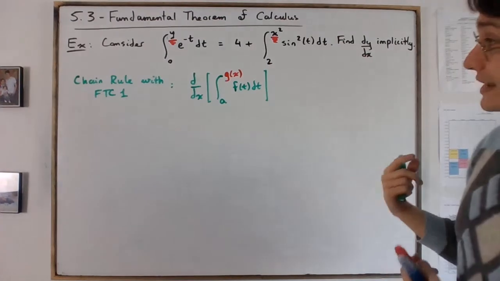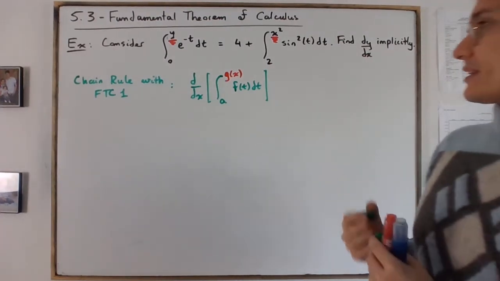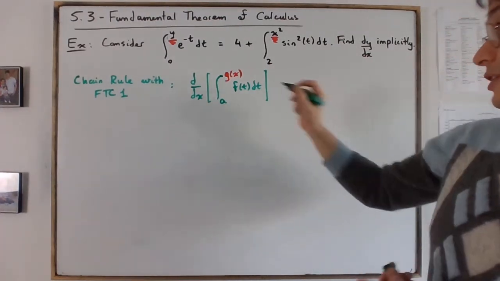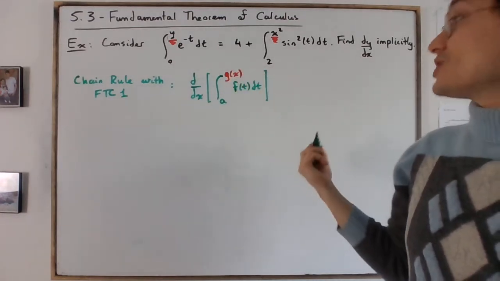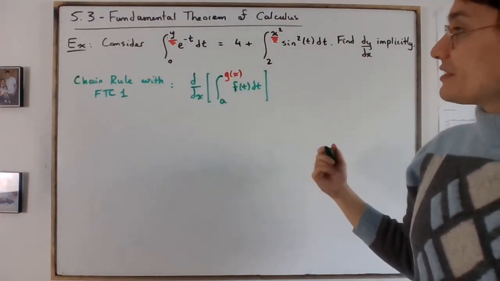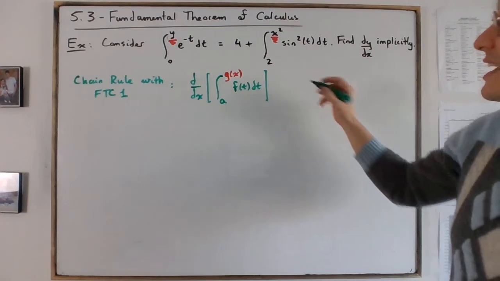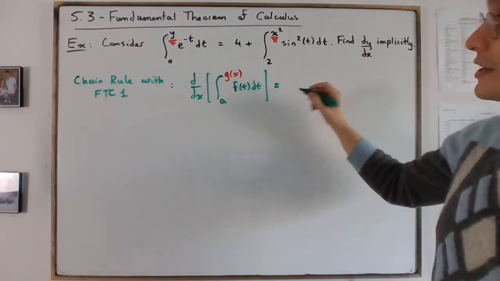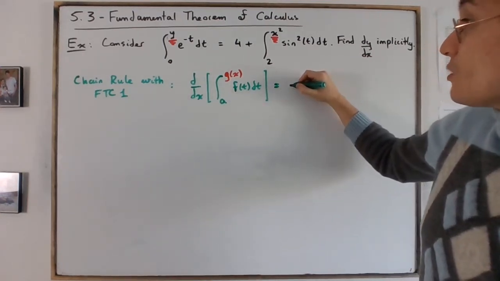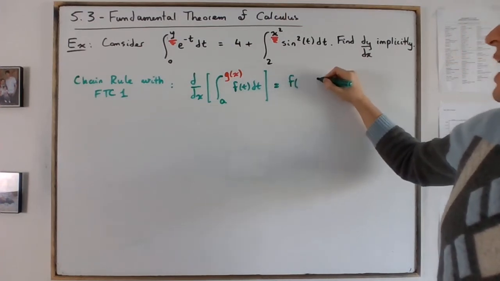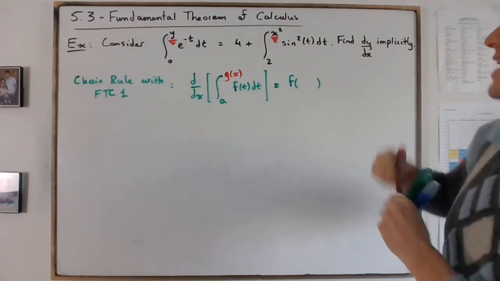The way it's going to work is that you take the derivative with respect to g of x, and then you take the derivative of g of x itself. First, FTC1 will give you f of g of x.